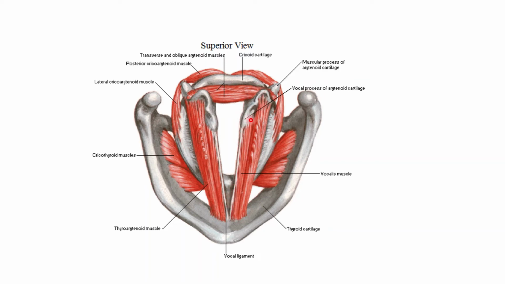In the posterior part, the fold is contributed by the vocal process of the arytenoid cartilage. So, the entire vocal fold has got the membranous portion as well as the cartilaginous portion, which is not true in case of the vestibular fold, which is completely membranous.